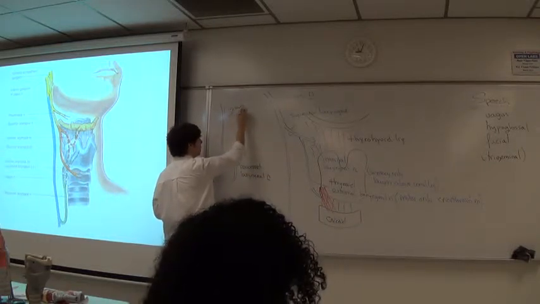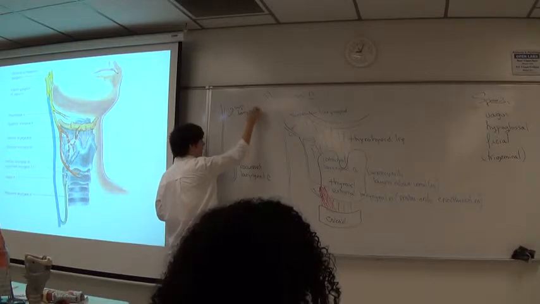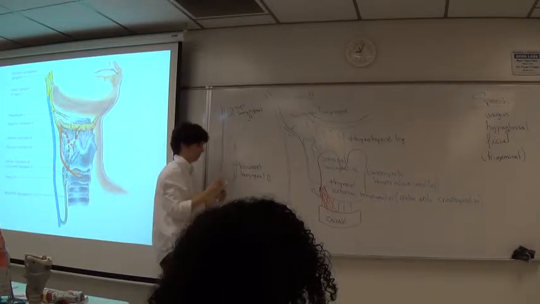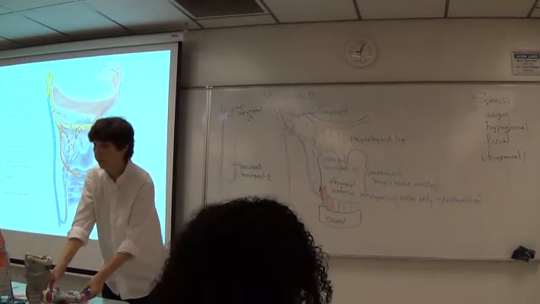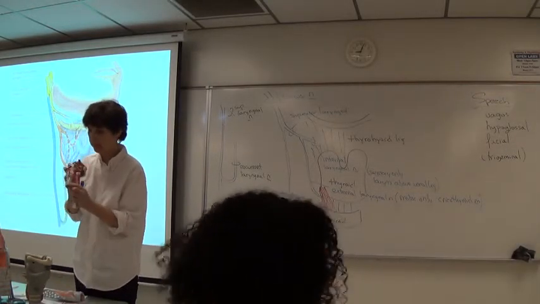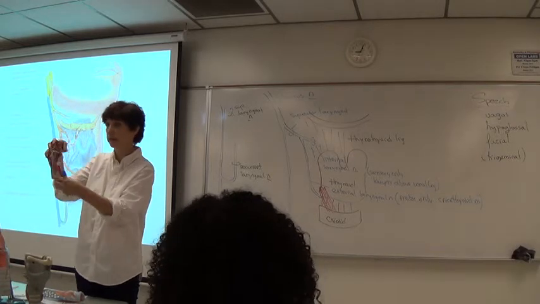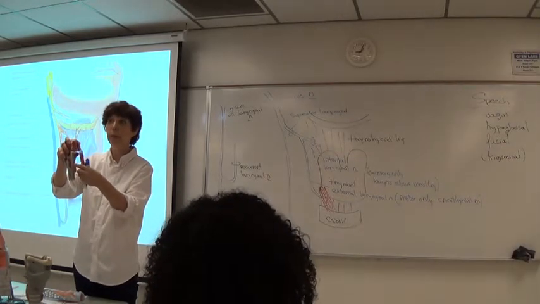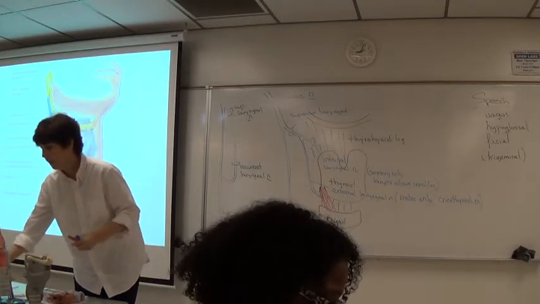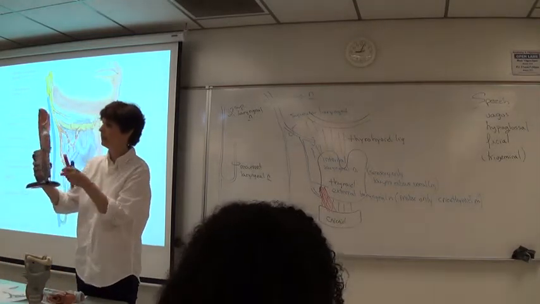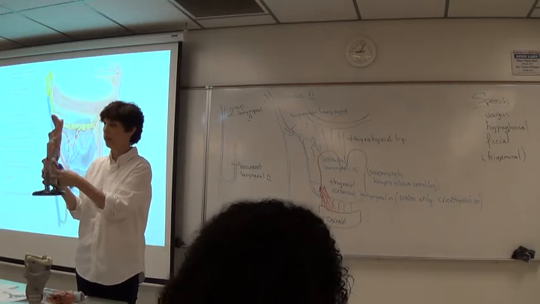So those are the two direct branches off of vagus. And the recurrent laryngeal nerve is seen on the posterior aspect of the trachea, this yellow nerve right here. And it is both motor and sensory. You can also see it on the back of this model, right here, which is motor and sensory.